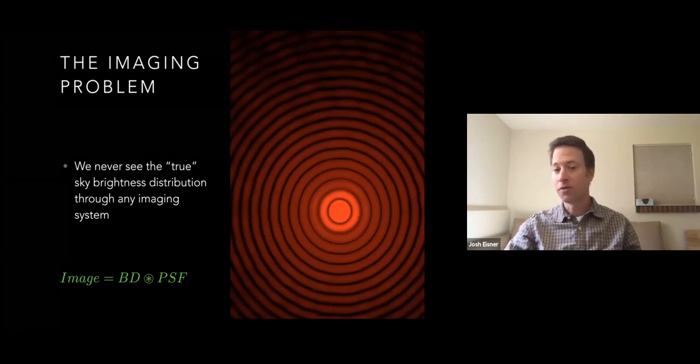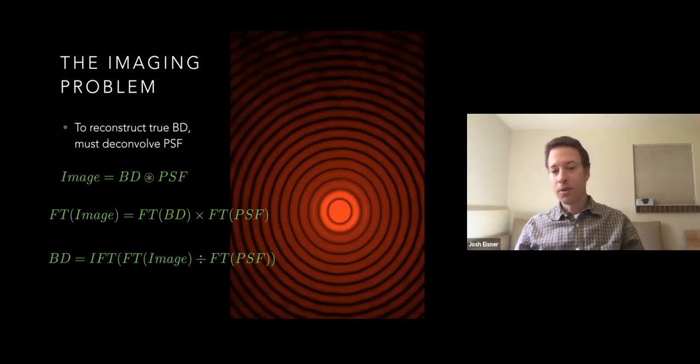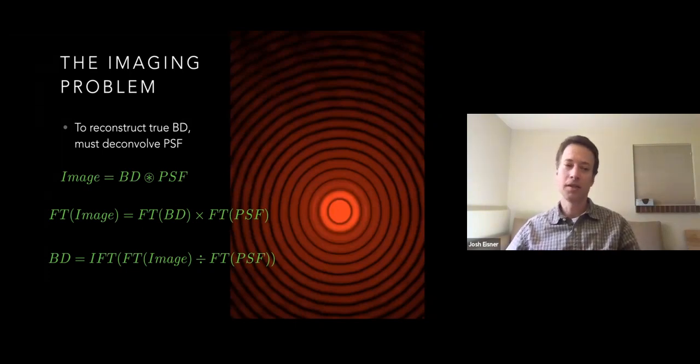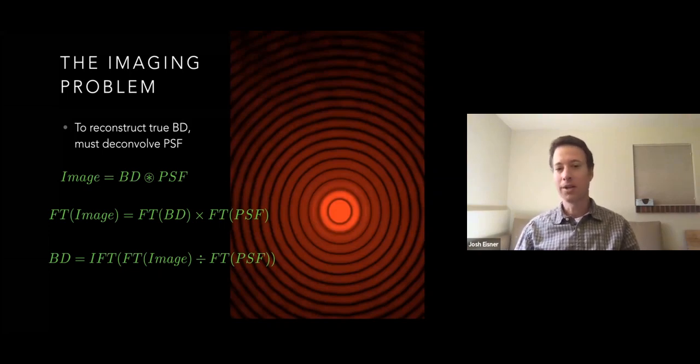This is generally true for anything we're going to look at on the sky. We have to observe it through an imaging system. So if we want to reconstruct a true brightness distribution, we would have to deconvolve that point spread function. And I wrote some math here that shows you, more or less, how you would do this if you just wanted to do the math easily. You know that convolution looks like multiplication if you take Fourier transforms.